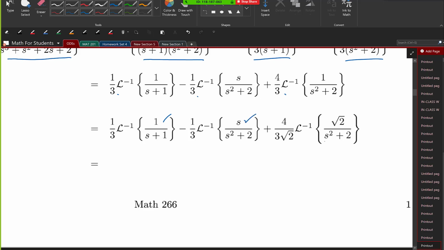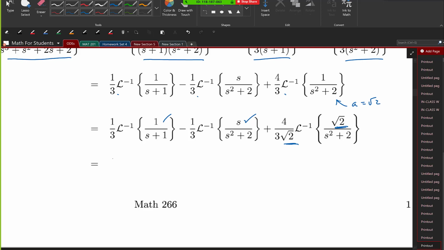But this one is going to come back as some sort of sine, and in this case my a here is the square root of 2. So for sine, I need a square root of 2 up there. I put a square root of 2 in the numerator of that fraction, but then I had to compensate by dividing by the square root of 2 in the denominator of the fraction on the outside.